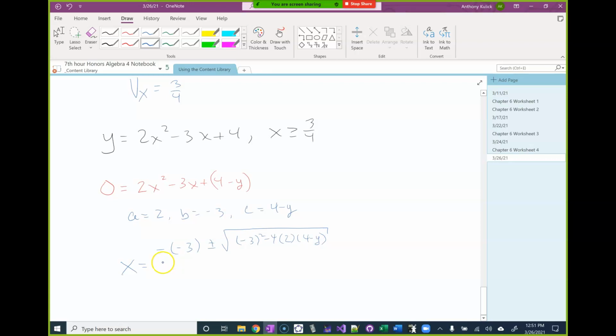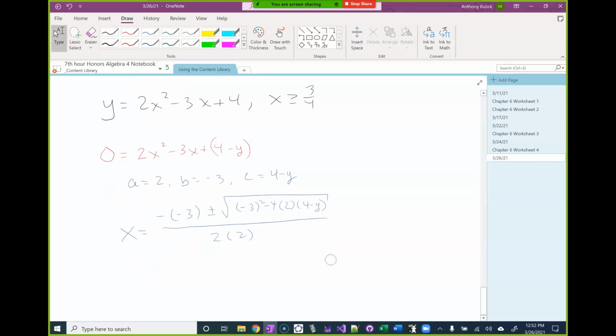So I could simplify things down a little bit. Negative of -3 is +3. Then I have the square root of 9 minus 32 plus 8y, all over 4. Let's clean up the stuff inside there a little bit. I'll write that as 8y minus 23.